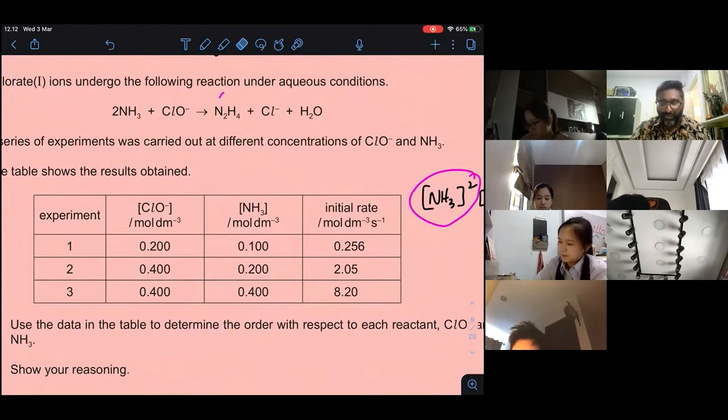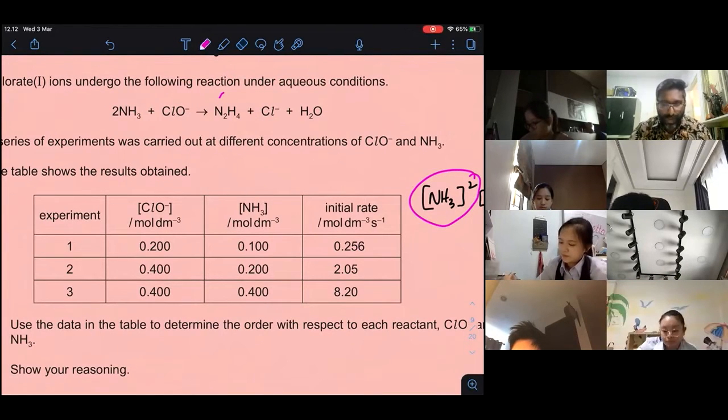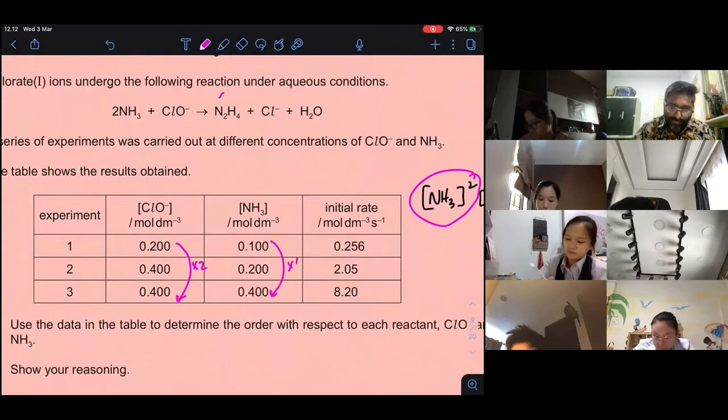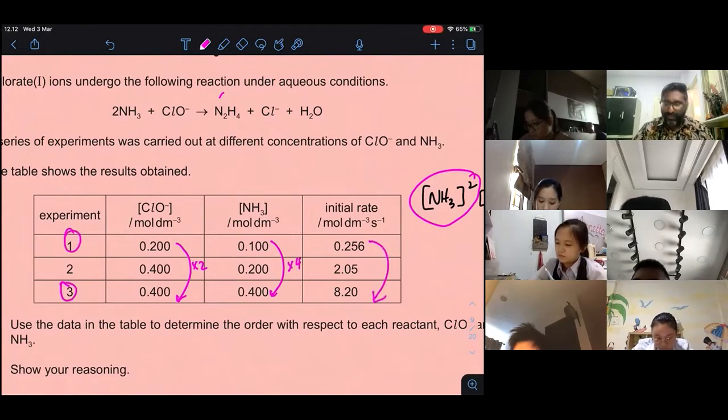I'm going to use that to find out. We know that from here to here is going to be times 2, and here to here is going to be times 4. I'm talking about experiments 1 and 3. So from here to here is going to be times what? So I need to find out.